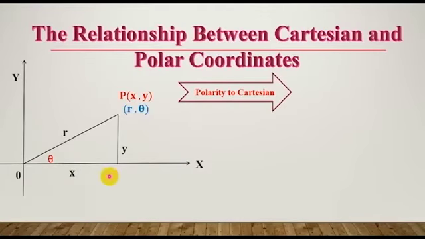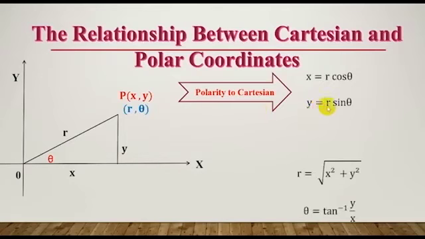With a simple way to look at it, you will find that if we take x over r, we will get cosine theta, and if we take y over r, we will get sine theta. So the easy way to get x is x equals r cosine theta, and y equals r sine theta.